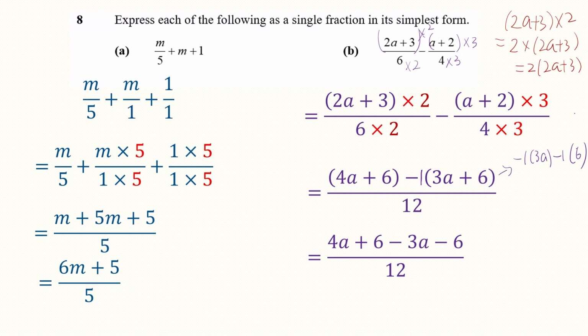So that gives us negative 3a. Negative 1 times 6 gives us negative 6. That explains how we get 4a plus 6 minus 3a minus 6 over 12. And 4a minus 3a will just give you a. 6 minus 6 will give you 0. So therefore, the answer is just a over 12.